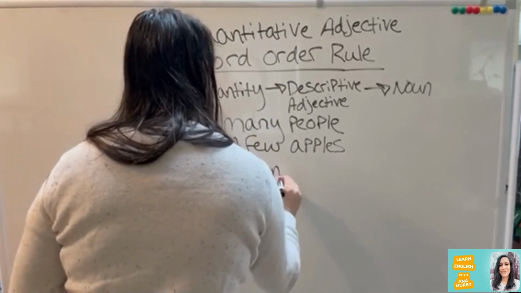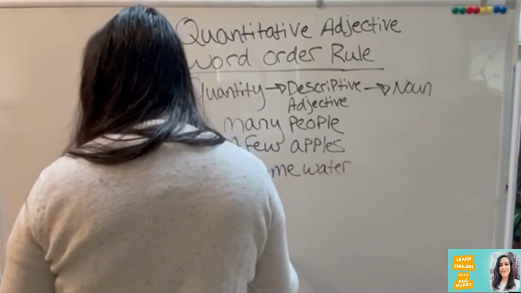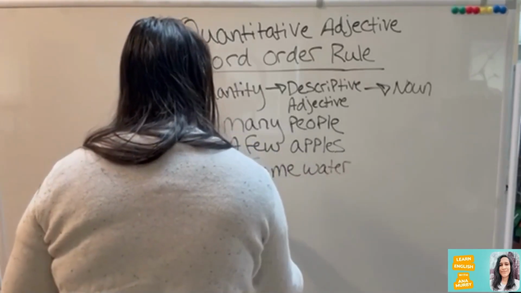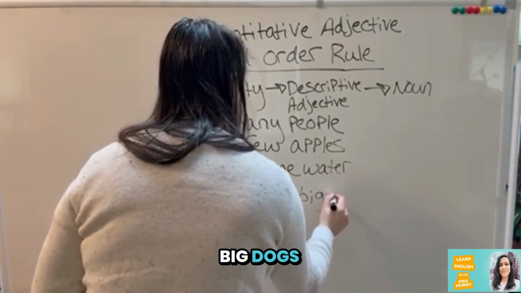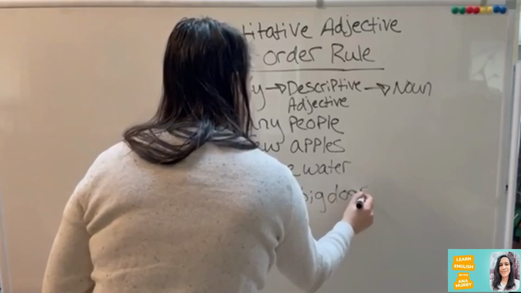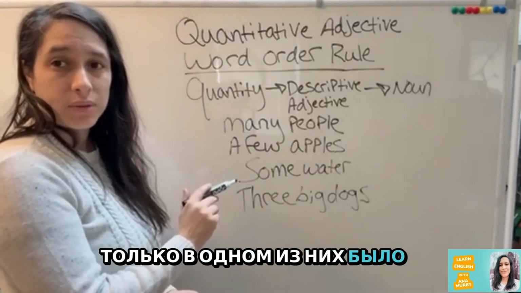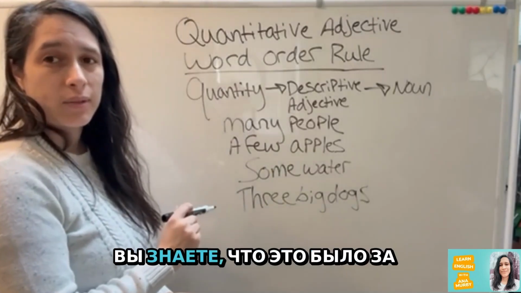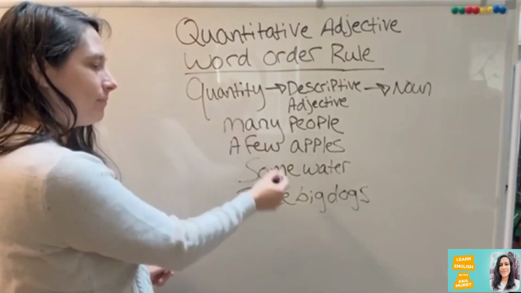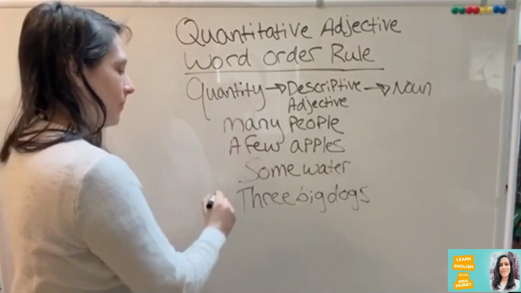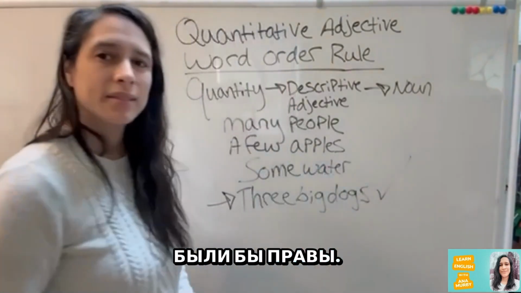Some water. 3 big dogs. Only one of these used the descriptive adjective. Do you know which sentence it was? If you said the last one, you would be correct.